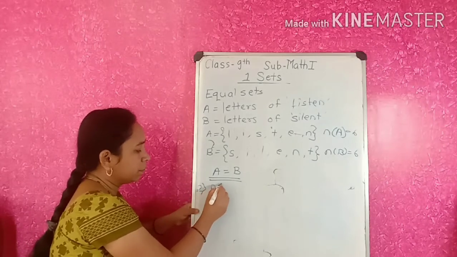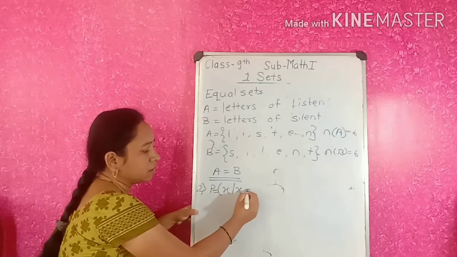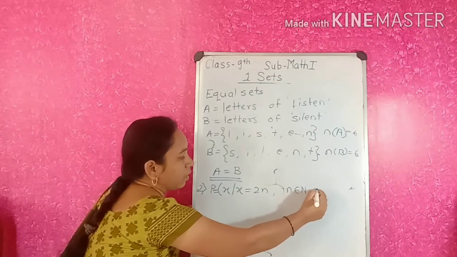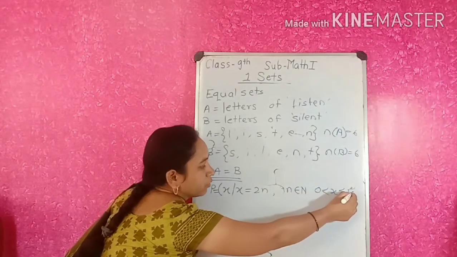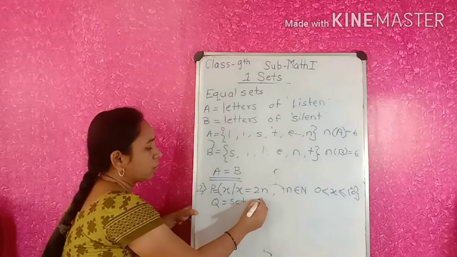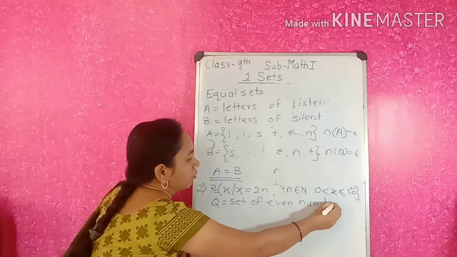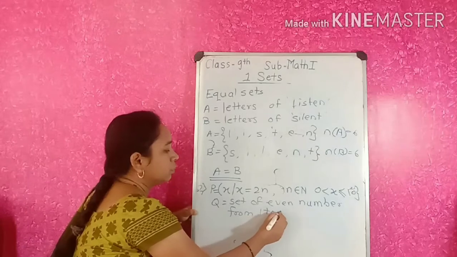Second example, P is the set of x such that x is 2n, n is a natural number, and x is greater than 0 and less than or equal to 10. Q is the set of even numbers from 1 to 10.